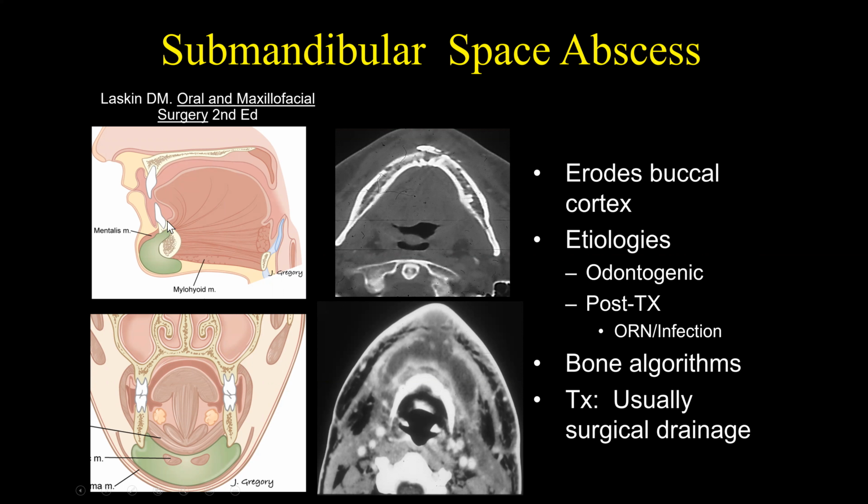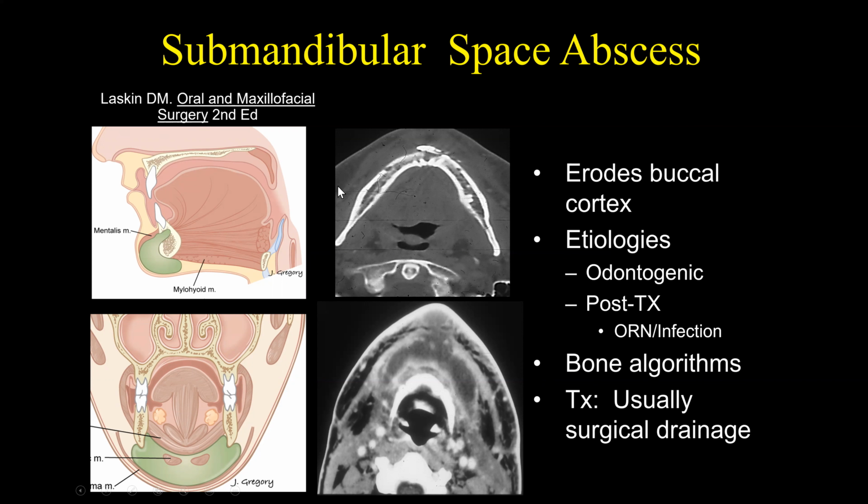The majority of these are odontogenic infections. So if you have an odontogenic infection involving the mandible and it extends anteriorly, this ends up eroding the buccal cortex. And here you can see this patient ended up having a submandibular space abscess because there was erosion of the buccal cortex.